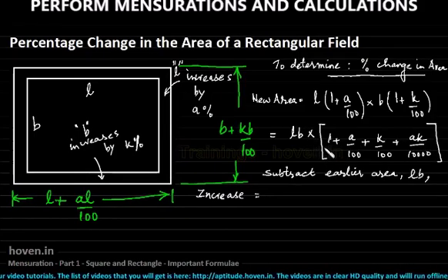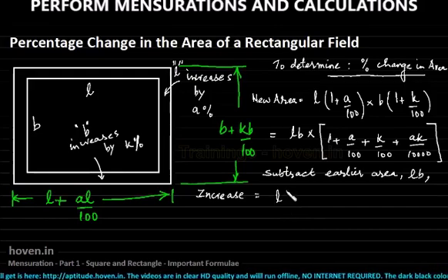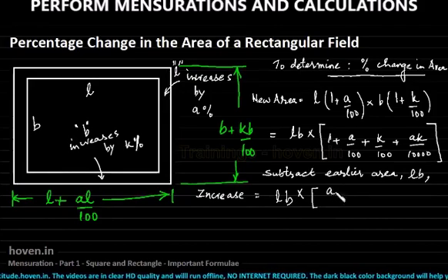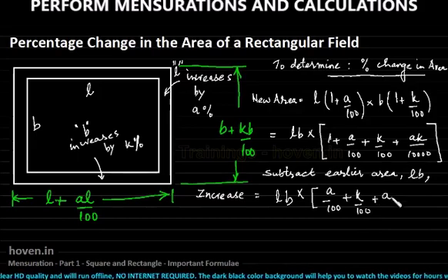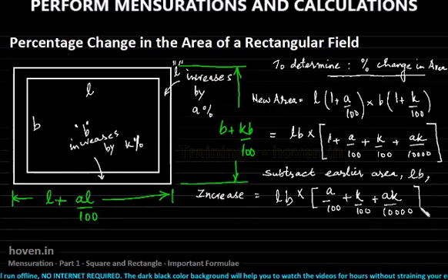LB into 1 is LB, and when you subtract that LB, this 1 will go away, these 3 will stay. So we can write the increase is LB into A by 100 plus K by 100 plus AK by 10000. This is what we have.